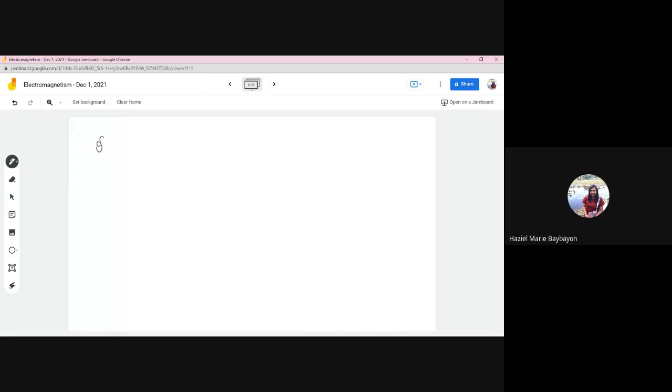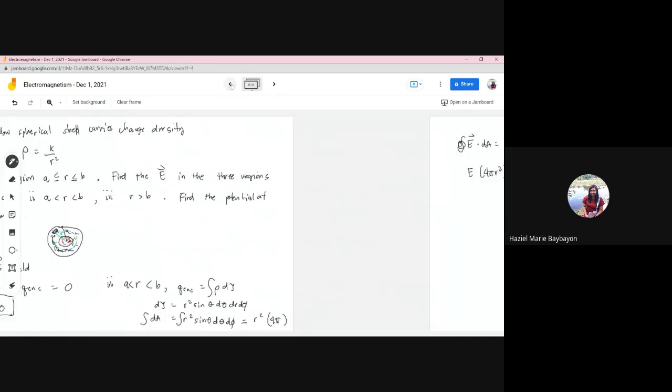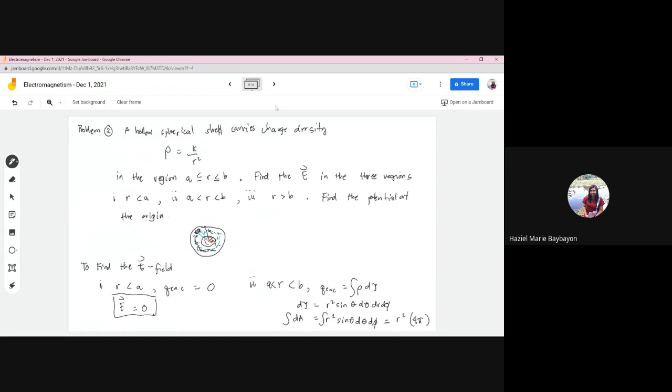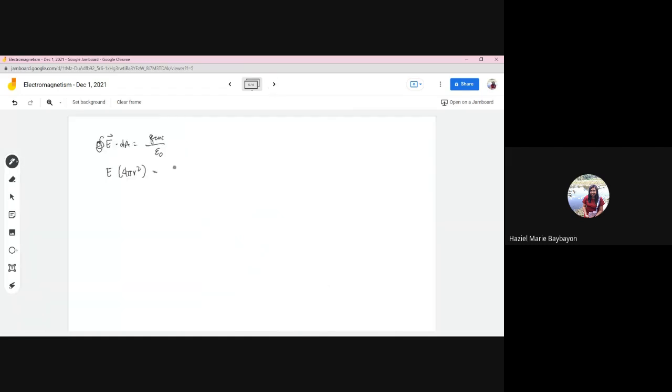So the integral of E dot dA is equal to Q enclosed over epsilon naught. So we have E multiplied by 4 pi r squared equals the integral of rho d tau over epsilon naught.